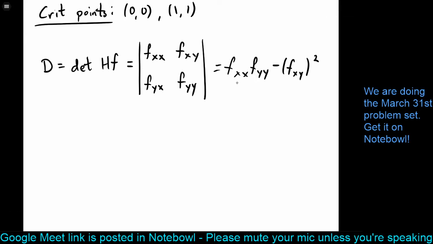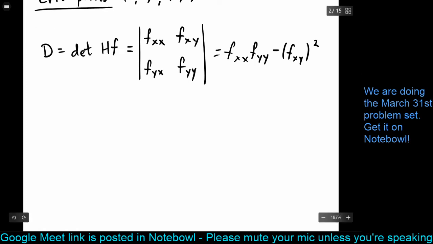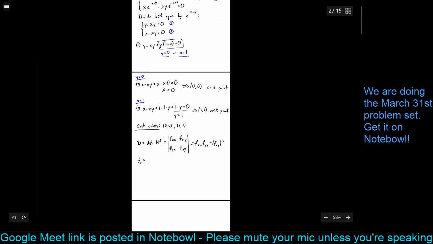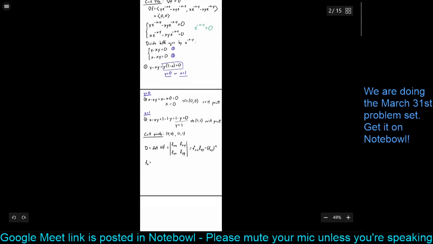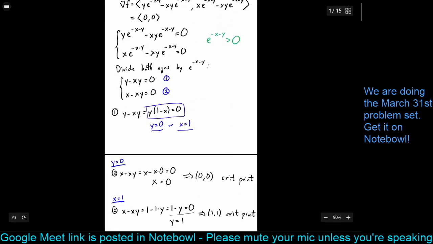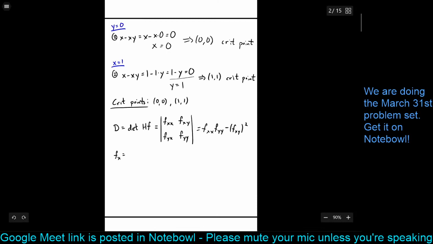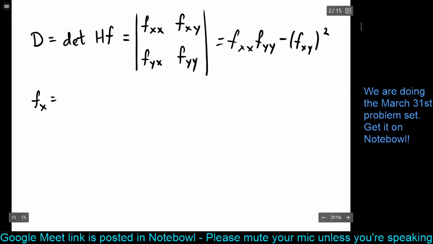So we need these second derivatives, right? So let's compute these. So remember, we already did the gradients, or the first derivatives here. So let's go ahead and rewrite those.